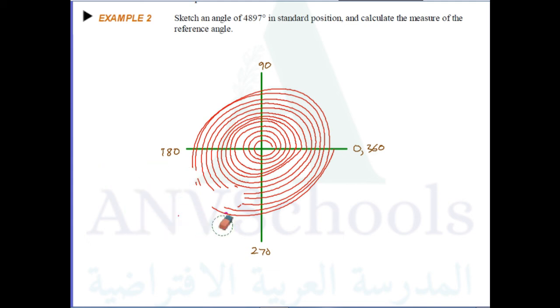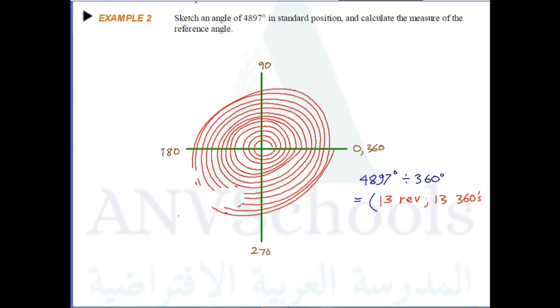So I'll just compute it here. First we have, I'm so sorry about that, 4897 degrees divided by 360 degrees, which will give us 13 revolutions, or 13 360s.